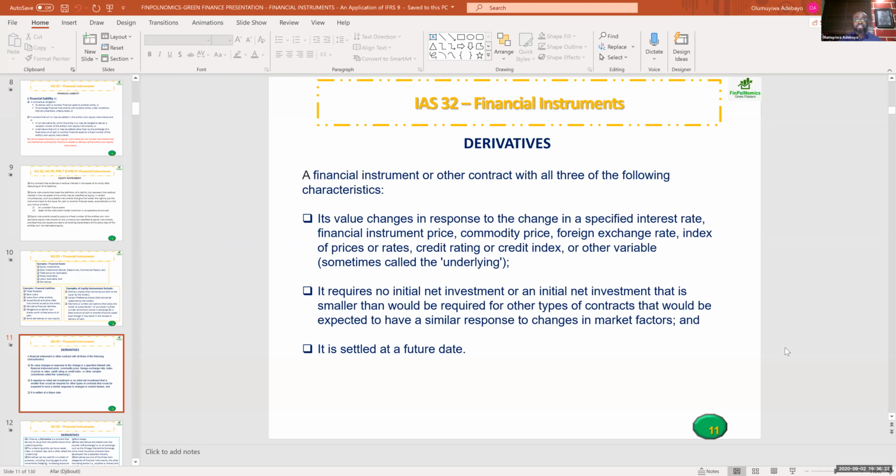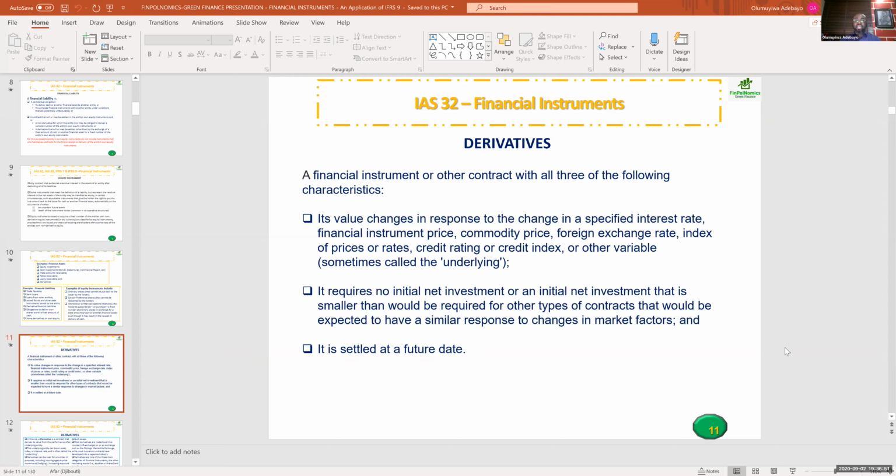The other party has this belief that Naira will appreciate against dollar, which means they are counterparties. Counterparties in the sense that they are seeing the same thing from different perspectives. One is saying Naira will depreciate. The other person is saying Naira will appreciate. And based on this exposure, they tend to manage their risk.